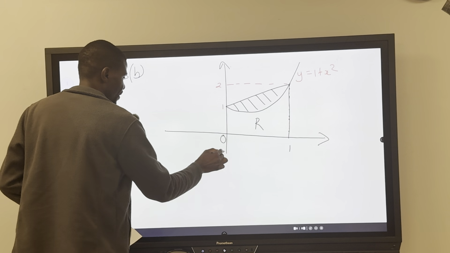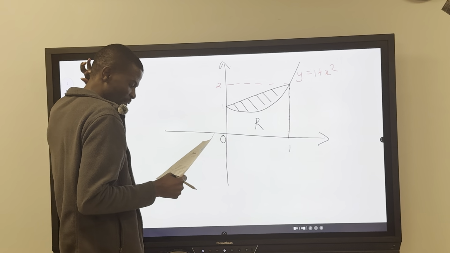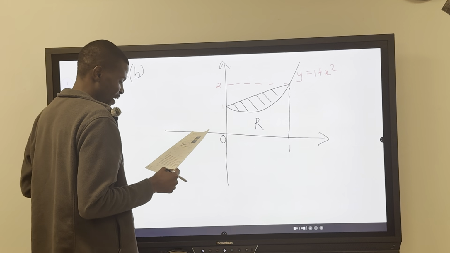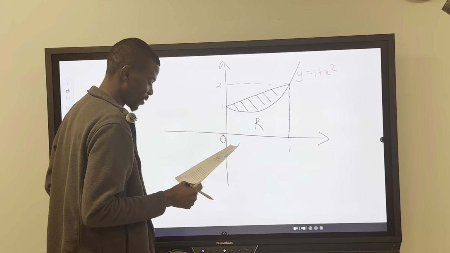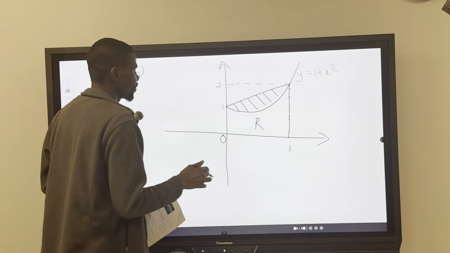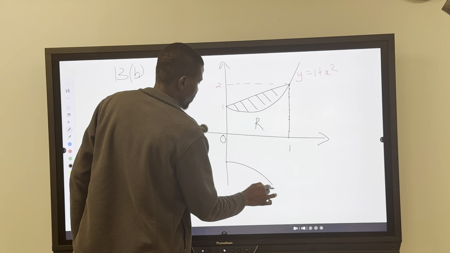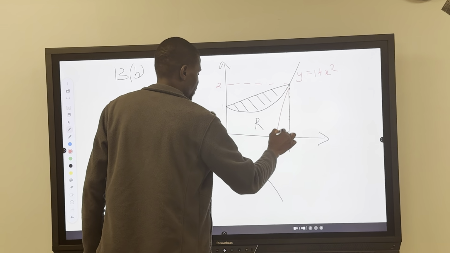So on part 1, we need to show that the volume of the solid formed here when this is rotated completely about the x-axis. So we have something like that. So you want to find this volume here.